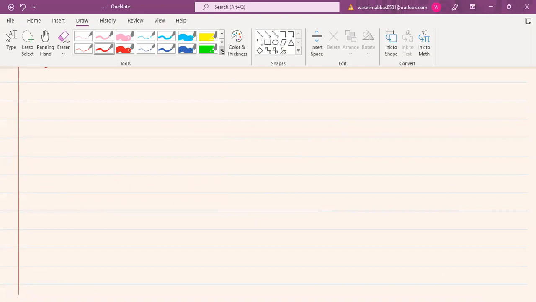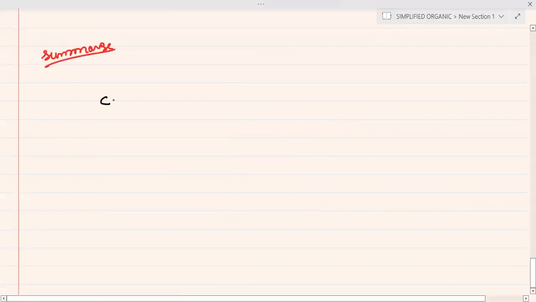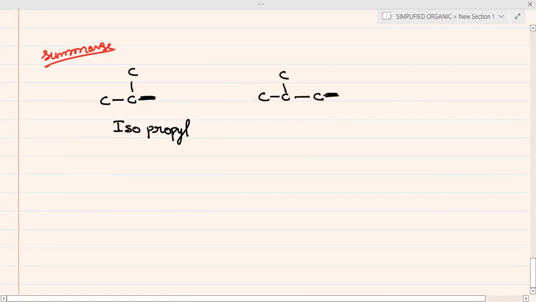So let us summarize it. See, simple one. We'll do it from three carbons. See, this is the three carbon one, so it is called isopropyl. And if I make this with four carbons, a branch, it's called isobutyl.